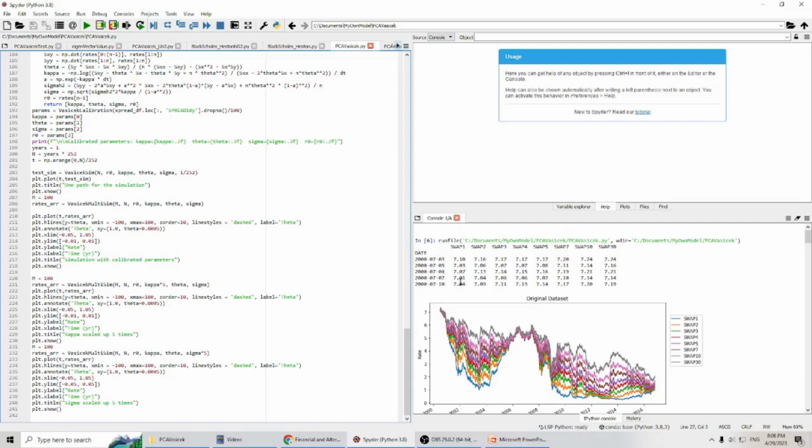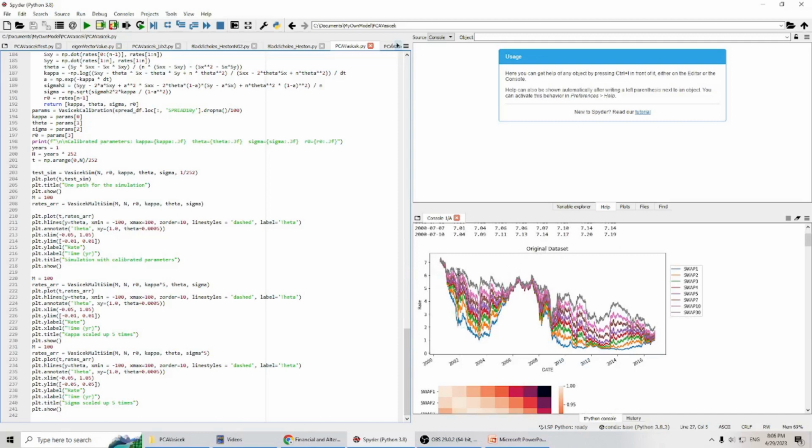This is the data I got for the swap rates. You can see we have 1, 2, 3, 4, 5, 6, 7, 8 dimensional data here. And if you draw a graph, the rates change like this.